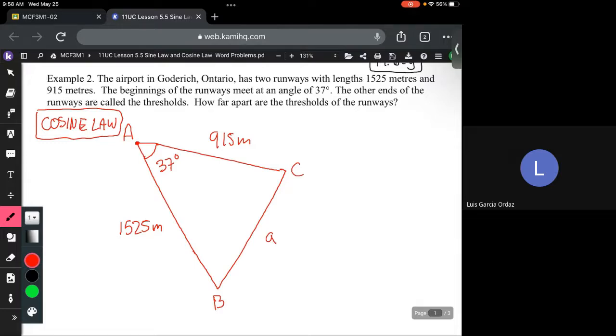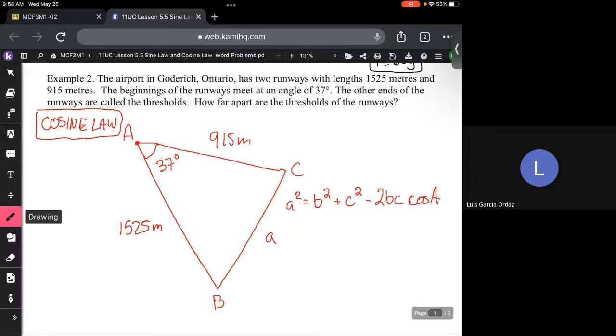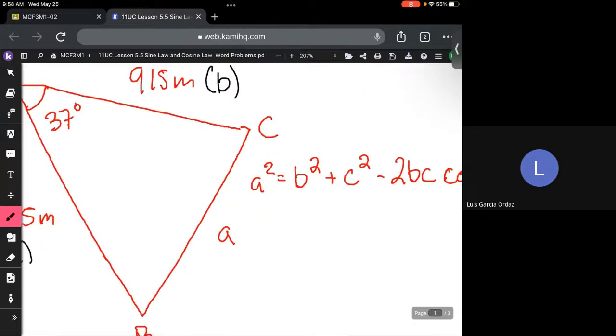A squared equals b squared plus c squared minus 2bc cos A. So which one is B and which one is C? 915 is B, and that means 1525 is C. So all you're doing is literally plugging in numbers.